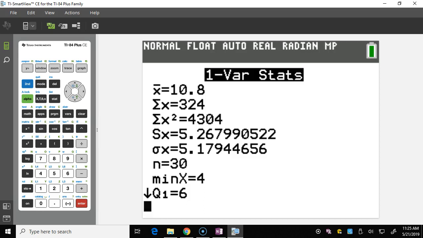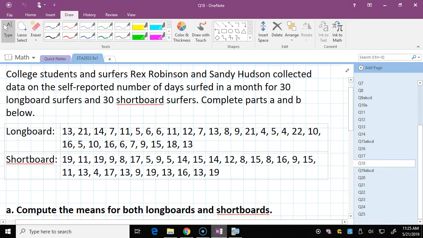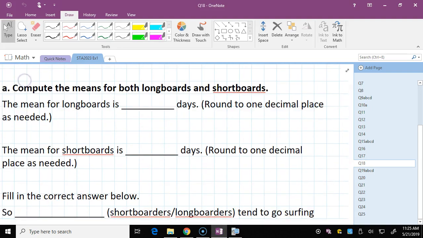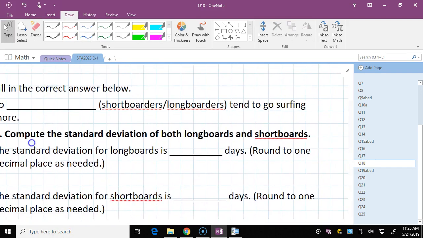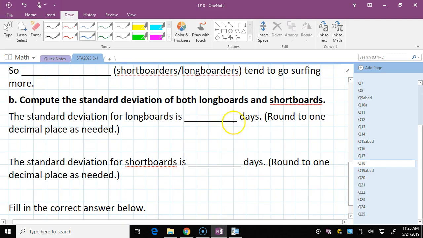The directions will want you to round to the nearest tenth. 5.3. All right, so we'll put those into the correct blanks. For the longboarders, 10.8 was the mean, and 5.3 was the standard deviation.